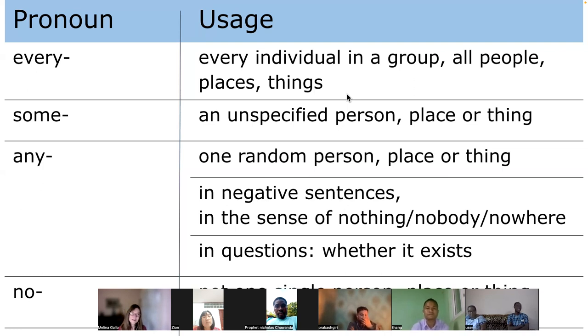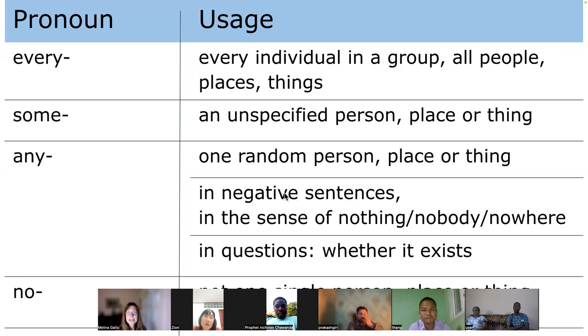But just so you know, the pronouns that start with every mean every individual, all of the people, all the places, or all of the things. Some, as we said, is just one unspecified person, place, or thing. Any is a random person, place, or thing.